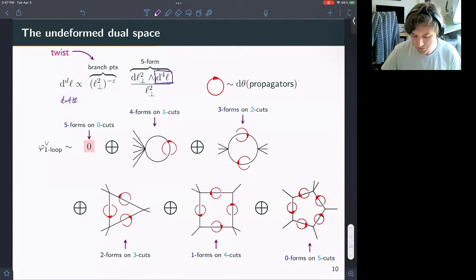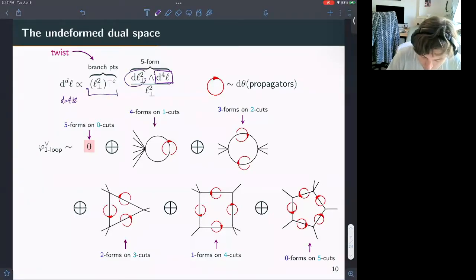But then we also have this epsilon dimensional space, which is perpendicular to this space. And after we do the angular integration, we're still left with a radius. So we have this dl perp squared floating around, and this angular integration also gives this universal multi-valued function. And this thing is what's known as the twist.